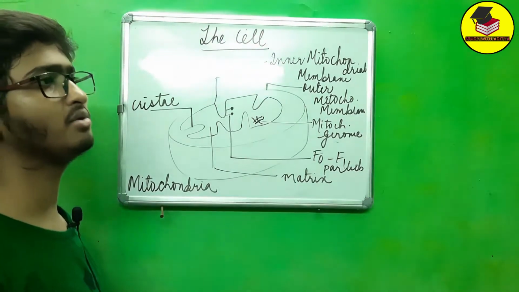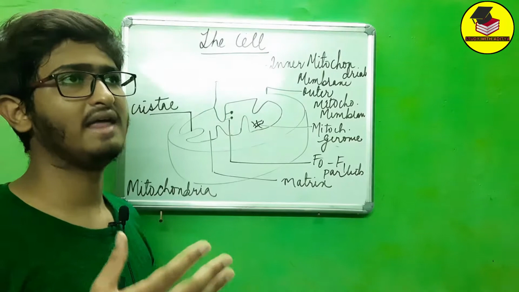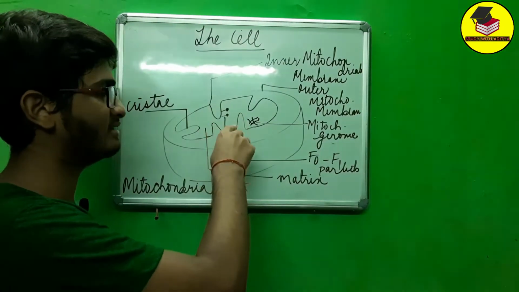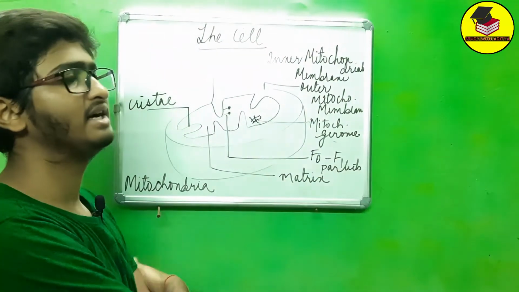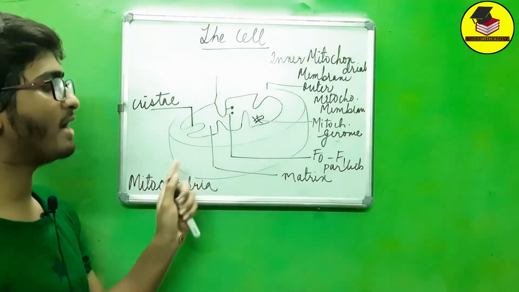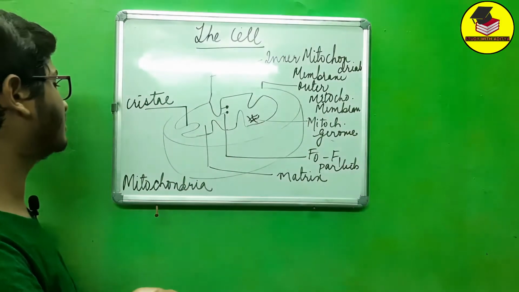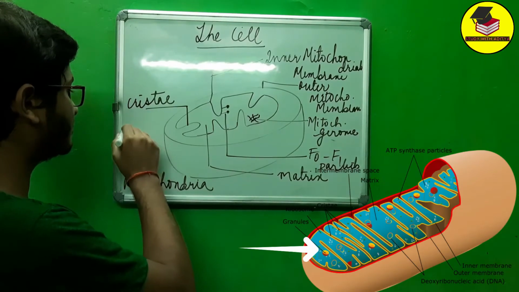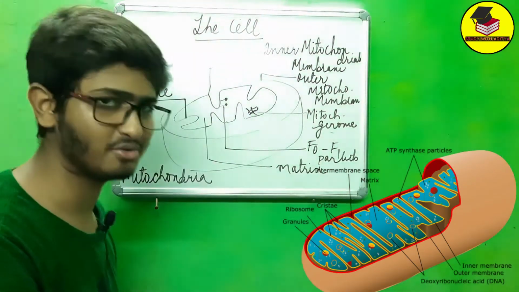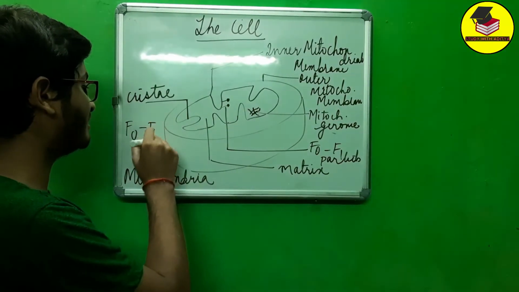So one mitochondrion has many cristae, and these cristae are studded by, studded means उसके ऊपर present होता है, so studded by some particles which are known as F0 F1 particles. Now you see one thing, when you place 0 before F, it is known as F0, and so that would be F0 F1 particles.